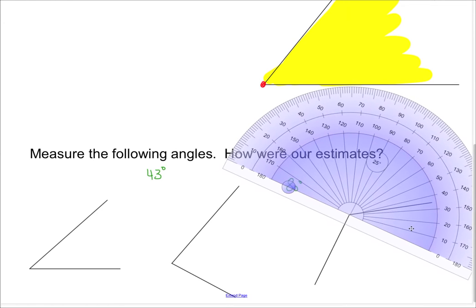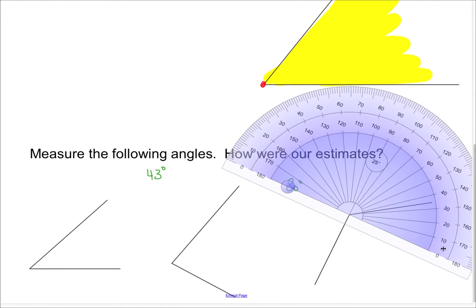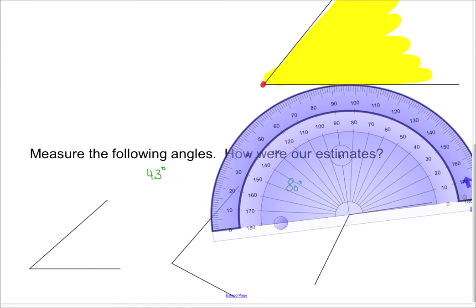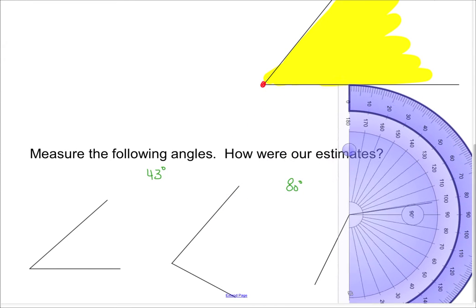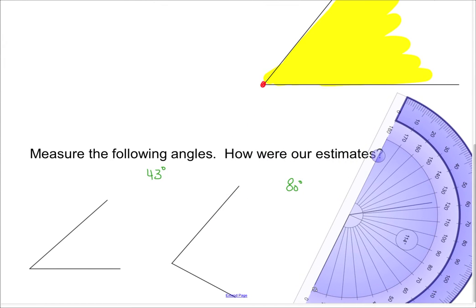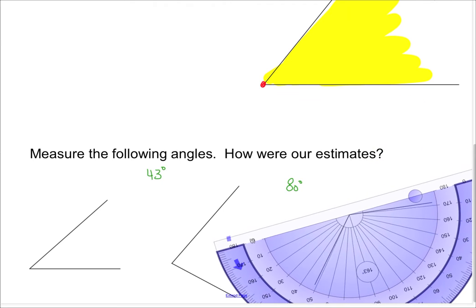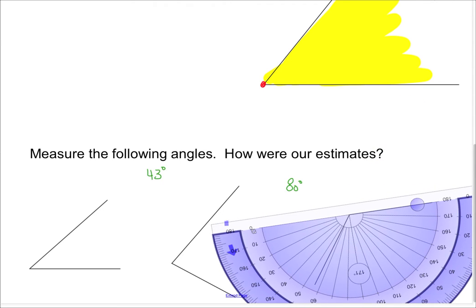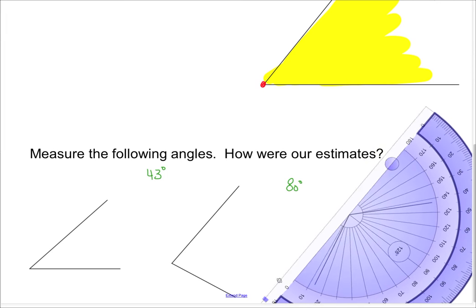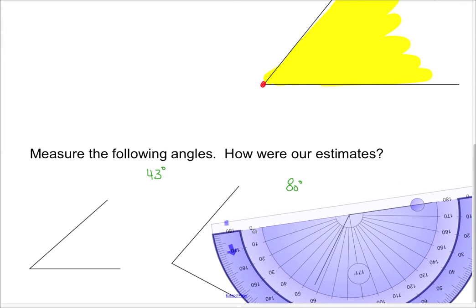And then this last one, how are we going to put it on here? Again, you can move your page if you want to. Okay, I know it's not going to be there. I can go over to here, or I could go over to here. It doesn't really matter. If I line up this side, I'm starting at this 0 and I'm reading the top numbers.